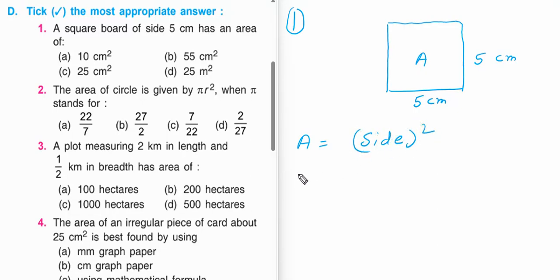So area is 5 centimeter whole square, which is 25 centimeter square. Hence the correct answer is option C. I hope the concept is clear.